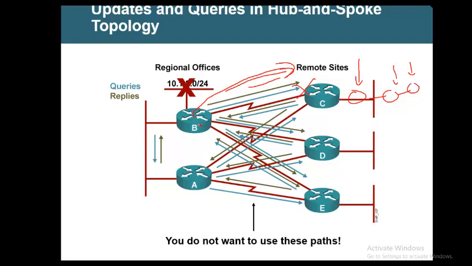But because B is saying C is no more my neighbor, all those routes that were via B will be considered as no more available.